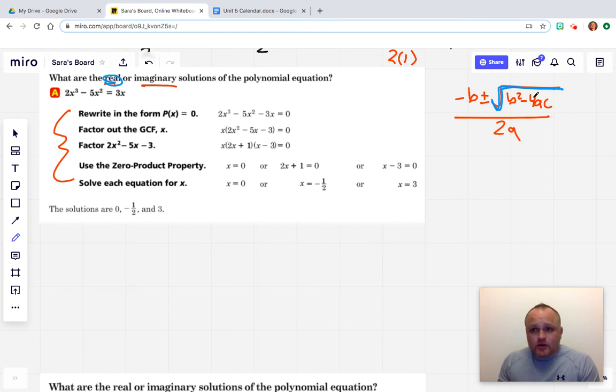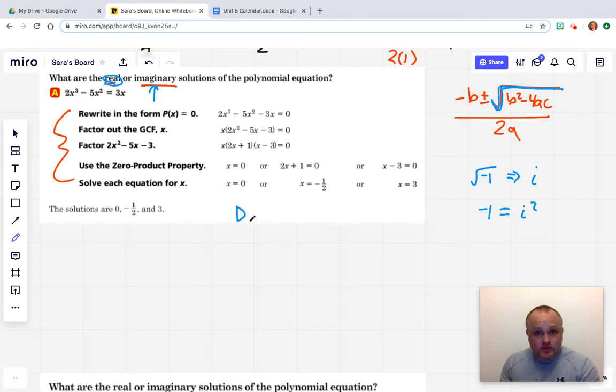But if underneath the radical it's a negative, then it's going to come out with imaginary i's and whatnot. Because remember, we can't take the square root of a negative 1, because we learned last unit that it equals i. And we also learned that if I square both sides, negative 1 is equal to i squared. So that's going to come into play right here.